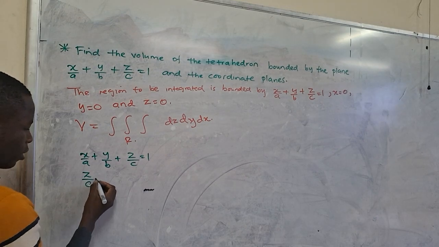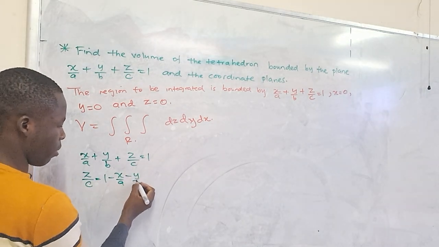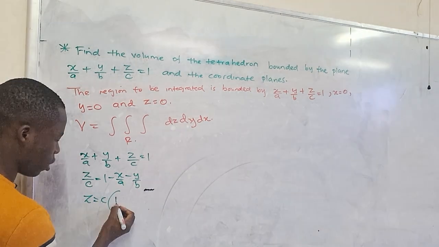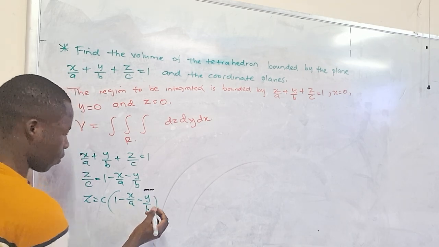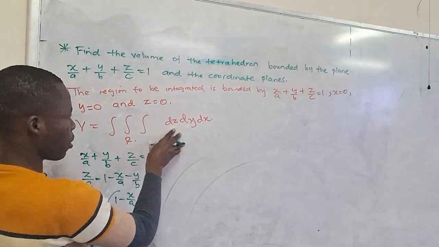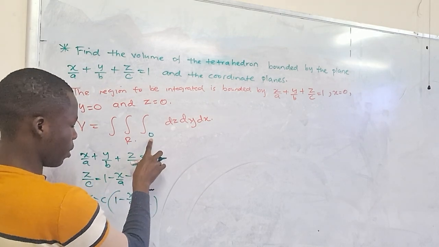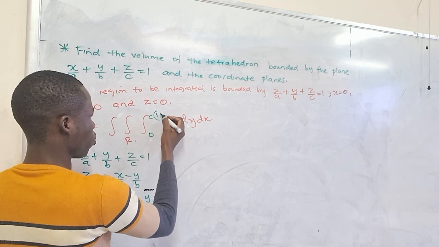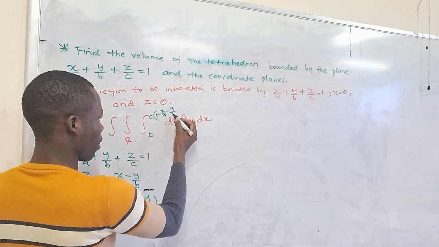So z by c is equal to 1 minus x by a minus y by b. z is equal to c into this. So the lower limit of z is 0, and the upper limit is c into 1 minus x by a minus y by b.